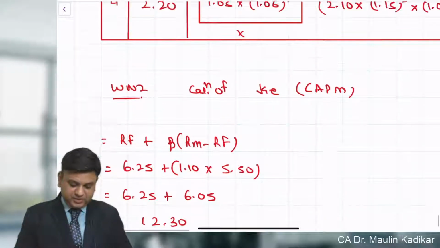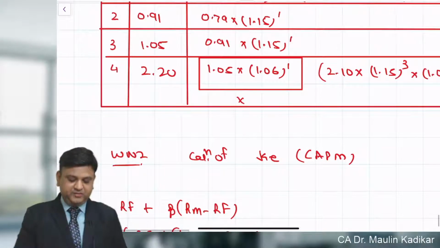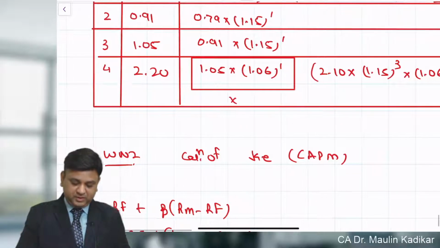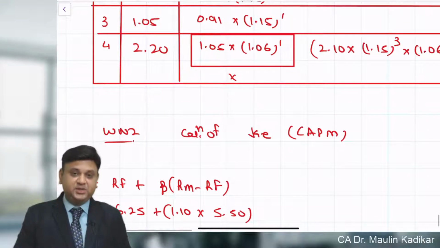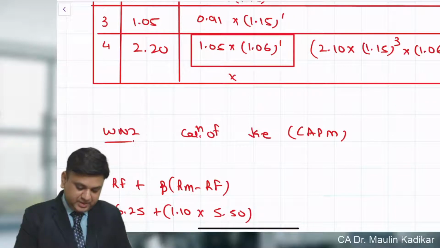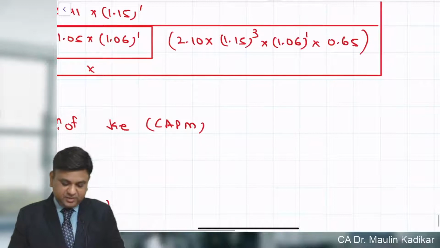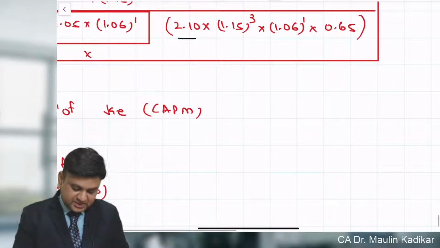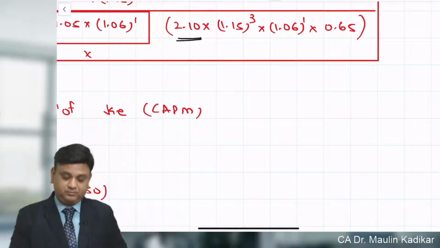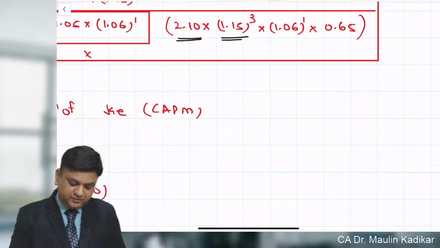Before I proceed further, there is a query from a student to give an explanation of the fourth year dividend. So I'm giving that explanation once again, how to calculate the fourth year dividend. See, basically, 2 rupee 10 paise is the year 0 dividend into 1.15 raised to 3.